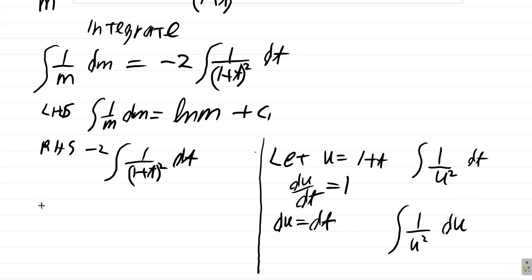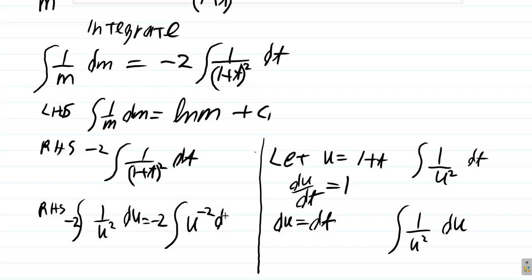So what we have for the right hand side now is negative 2 times the integral of 1 over u squared du, which is negative 2 times the integral of u to the negative 2 du.